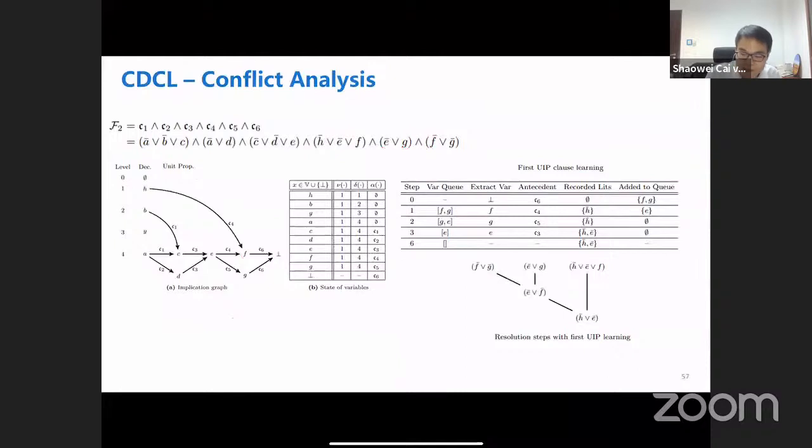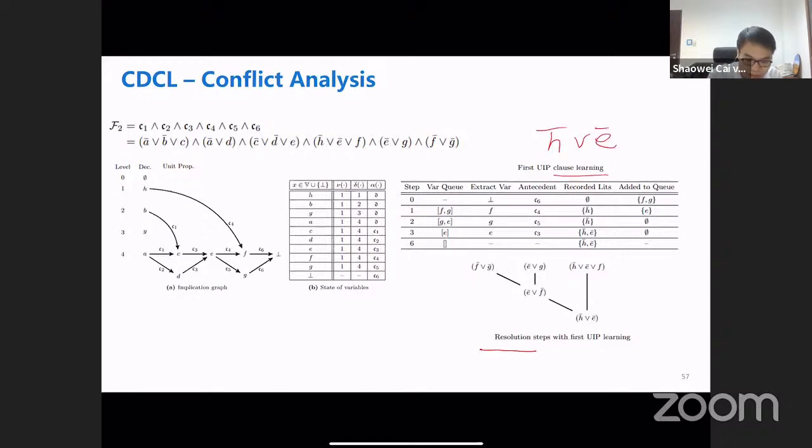Oops, sorry, I skipped one slide. Here the conflict analysis also corresponds to a resolution procedure. Now we learn the clause no H and no E. It corresponds to a cut here.